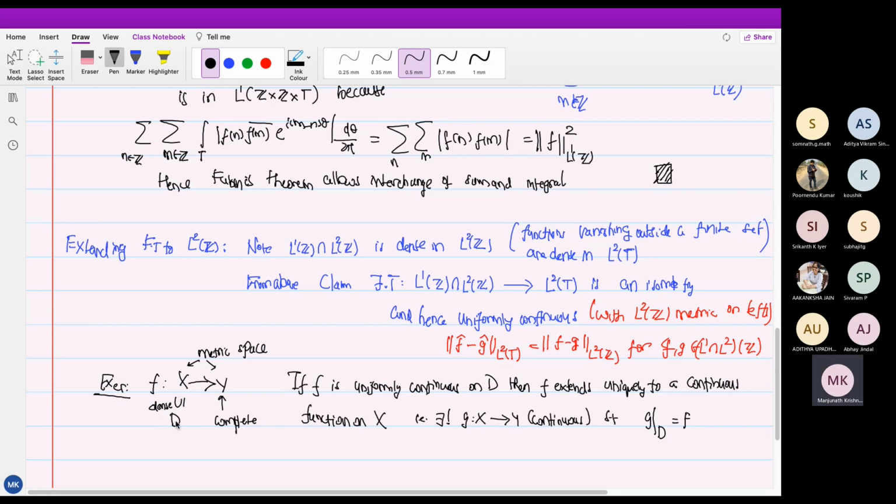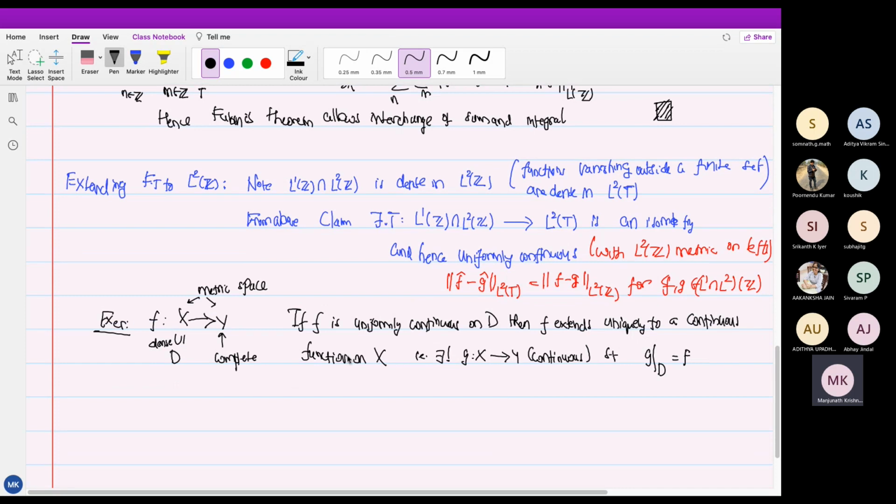It doesn't matter how you define it outside D, because all that matters is that G agrees with F on D. So this is something you would have seen. This is how you can extend a function.